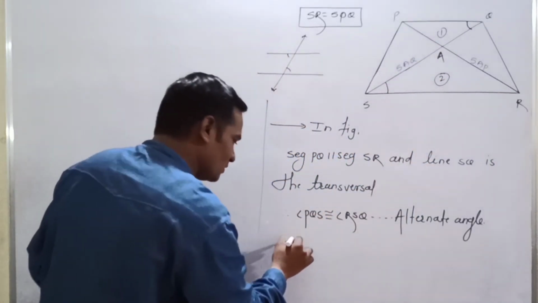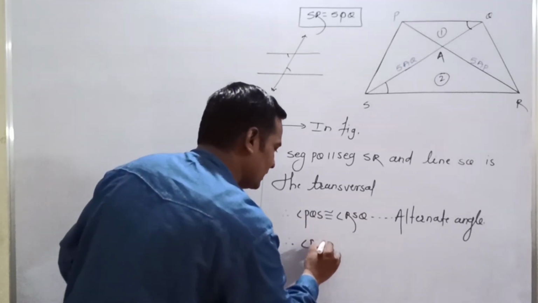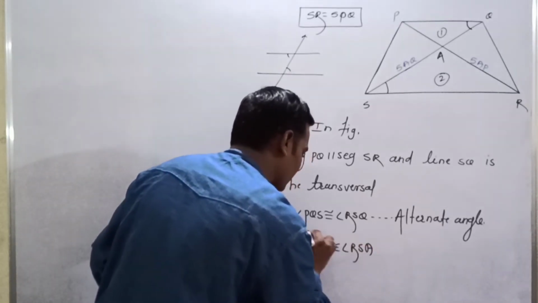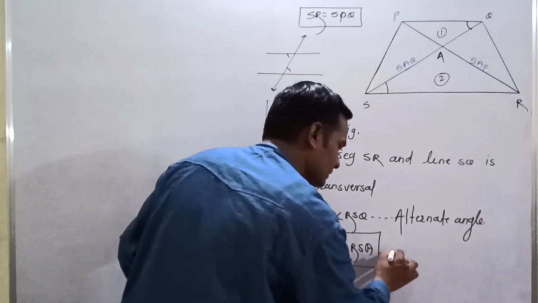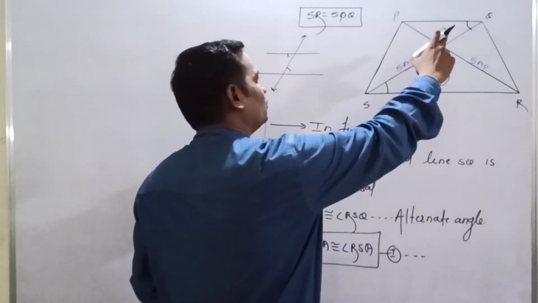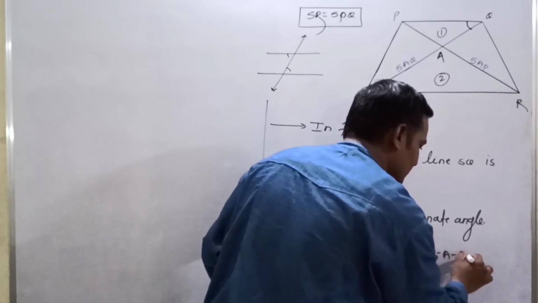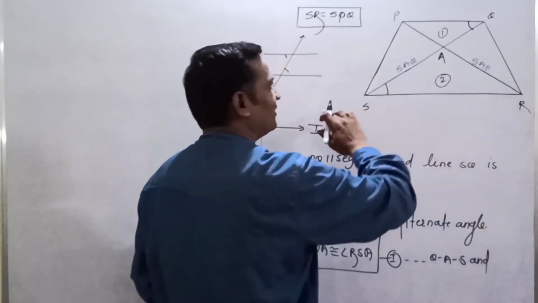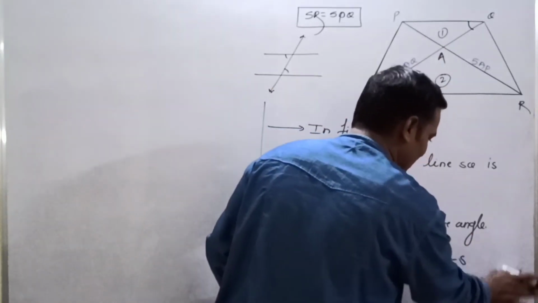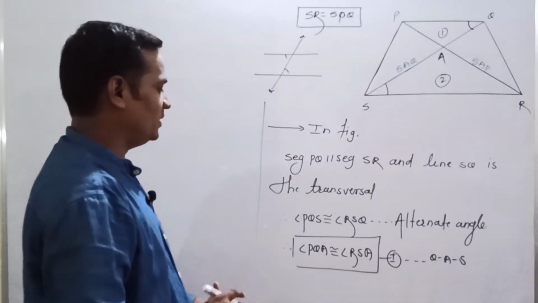Both angles are congruent, so angle PQA is congruent to angle RSA, equation number first. And just write down the reason. What is the reason here? Alternate angles. Is that clear? So this is equation number first.